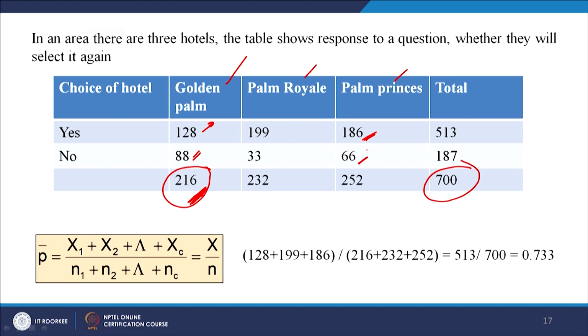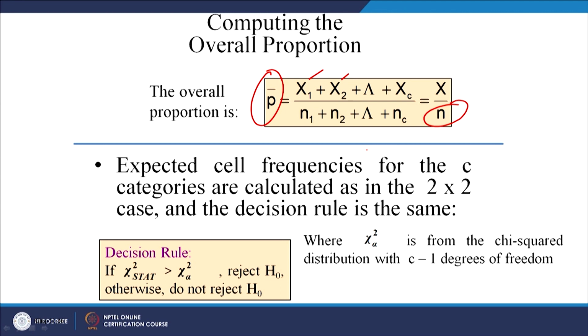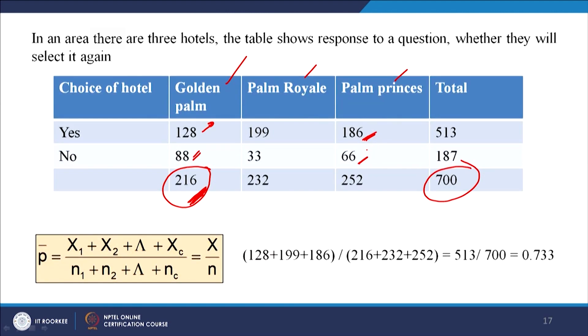So, you need to calculate first, it is called the overall proportion, p bar is 0.733. It is very simple. So, you have got 128, 199, 186 divided by the total number of samples selected from each of these hotels, right. So, 216, 232, 252, right, 700.